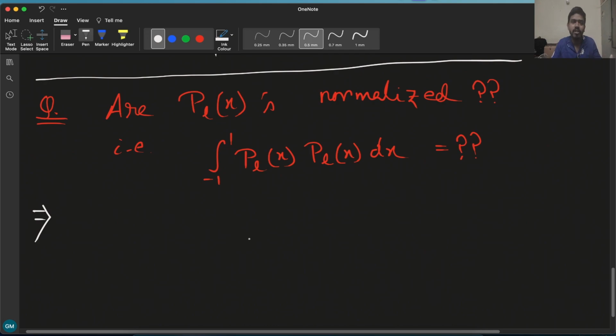let me start with a recurrence relation that I showed in the 12th class.